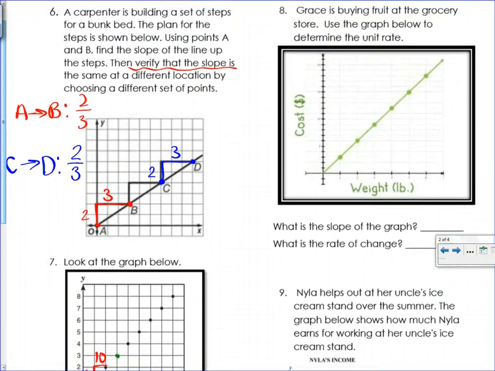Number 8, Grace is buying fruit at the grocery store. Use the graph below to determine the unit rate. Okay, so we're going to do our rise over our run. Okay, draw your right triangle.